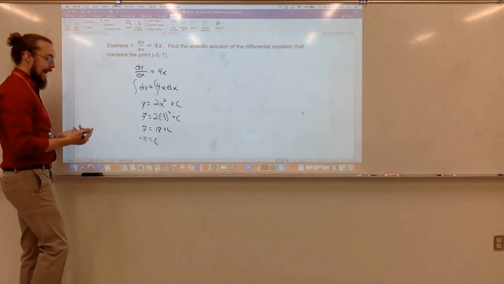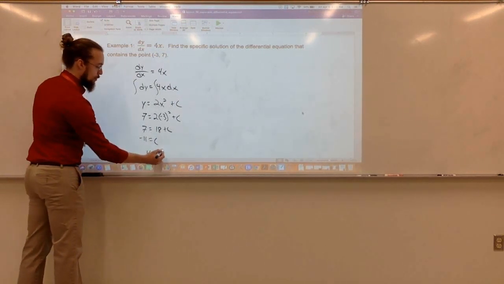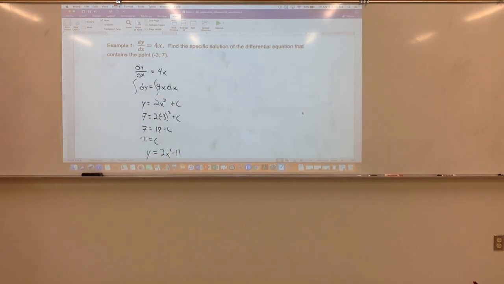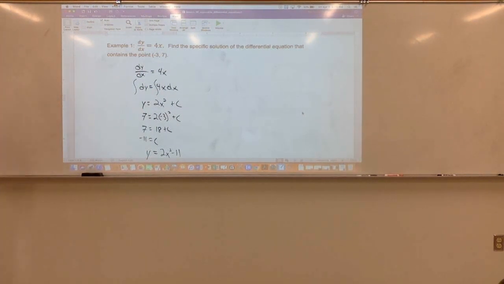So my actual answer here, the specific solution, would be y equals 2x squared minus 11. You okay with that one? That one's pretty straightforward, right? No y's that we had to bring over to the left side.